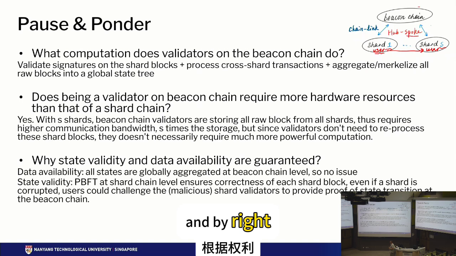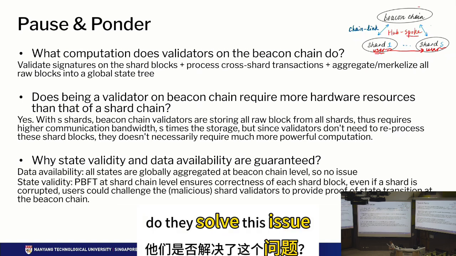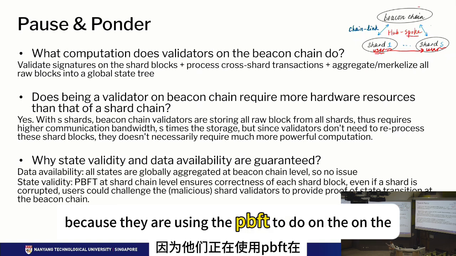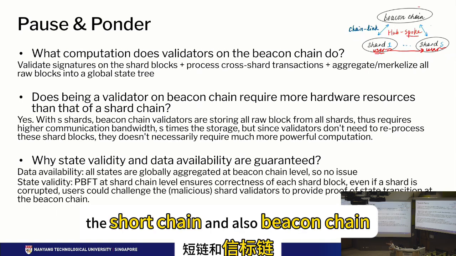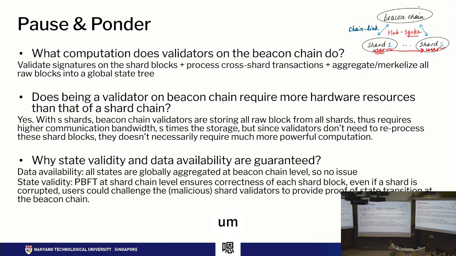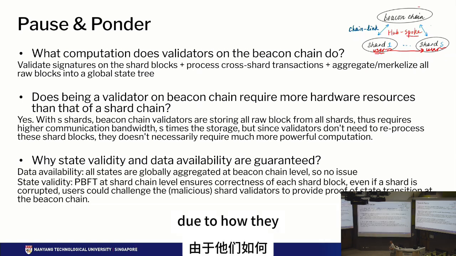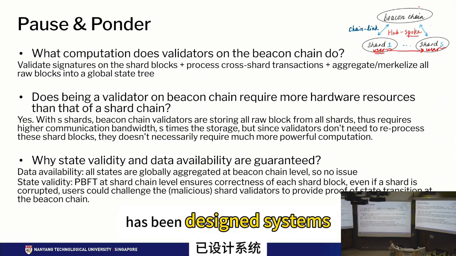And as what you just asked just now, do they solve this issue? Because they are using PBFT on the shard chain and also the beacon chain with a POW, the malicious nodes or validators cannot hack the system due to how the system has been designed.